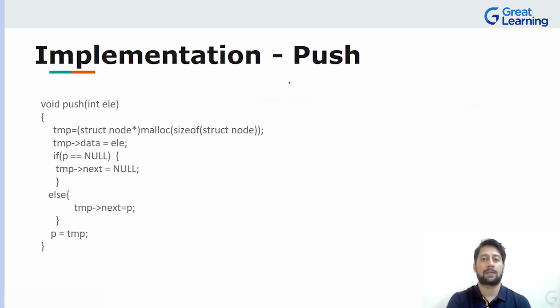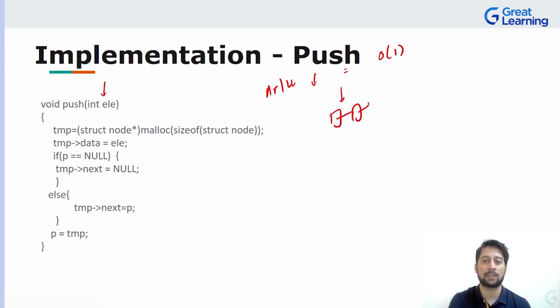Now let's try to understand push implementation using linked list in stack. You can see that in this push method, we are passing in the argument as the element that we want to push. Before moving into the implementation, one thing should be clear: whenever we are implementing push, in either arrays or linked list, this push operation should take a constant amount of time.